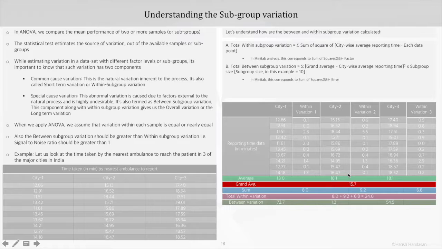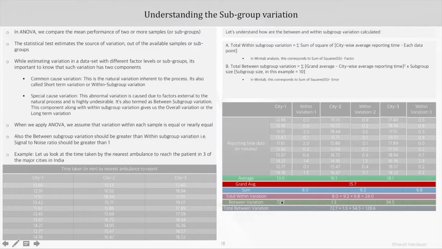And using the formula above, let's say for city 1, square of the grand mean or the overall mean, which is 15.7, minus the subgroup mean, which is 13. So 15.7 minus 13, we take a square of that, multiply it with the subgroup size, which is 10, and we get 72.7.